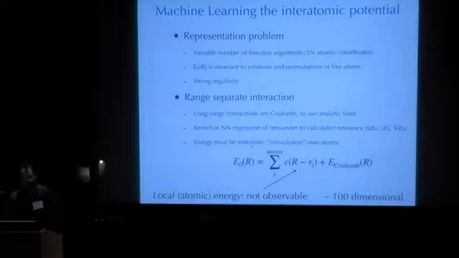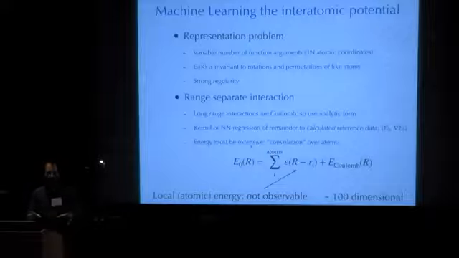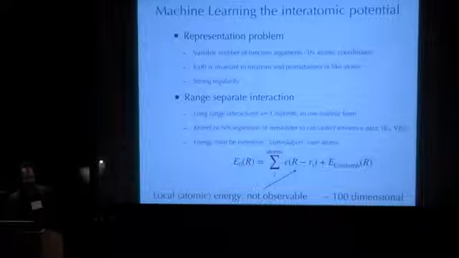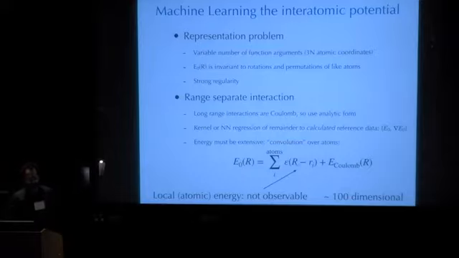The energy must be extensive. So if I double the system, let's say in periodic boundary conditions, then the energy must double exactly. If that doesn't happen, then all sorts of problems happen in the simulation. And so this has been done for decades by essentially doing a convolution over atoms. We write the total energy as a sum over atoms of some local energy function centered around the atom of interest, plus long-range Coulomb.